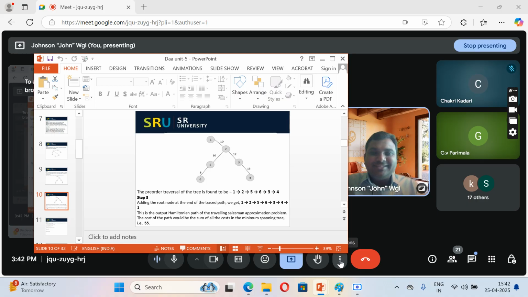Here we are using heuristic algorithms. What is a heuristic algorithm? It means we are joining more than one algorithm. For solving the traveling salesman problem, we use the MST with Prim's algorithm, second the pre-order traversal, and third we verify the Hamiltonian path.